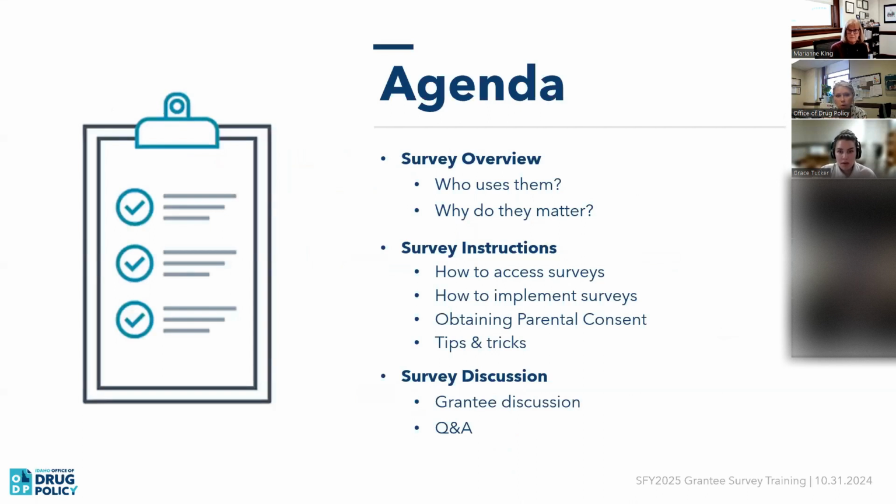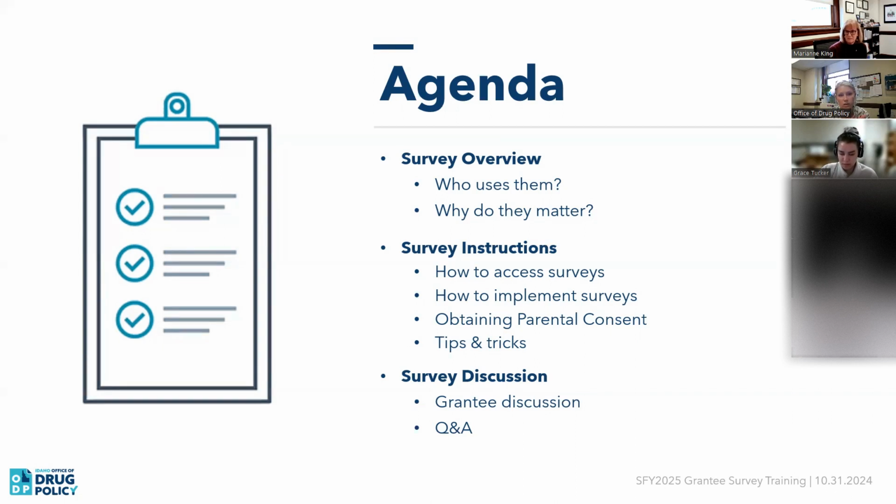A little bit of what we're going to go over today: we're going to start off with a survey overview, who uses surveys and why they matter, and we'll go over some of the changes that were made to the surveys in SFY 2025. And then we'll dive into survey instructions: how to access surveys, how to implement surveys, obtaining parental consent, as well as some tips and tricks, though I think "tips, tricks" can be misleading. It's more recommendations and strong suggestions for ways to implement the surveys correctly so that we can actually utilize that data.